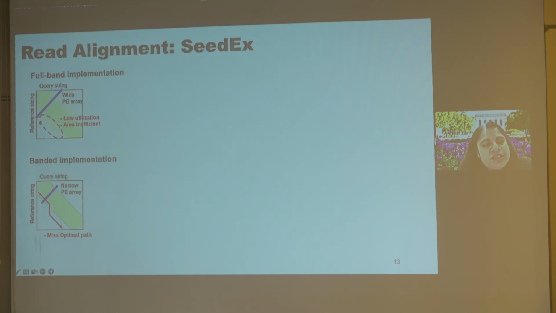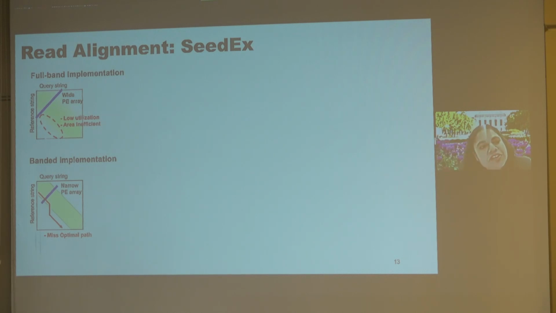But what we realized was that nobody does full band, right? Even in software, they try to find a fixed band, which depends on the query string sizes. GenAx supported full band, but we quickly realized that's not efficient.